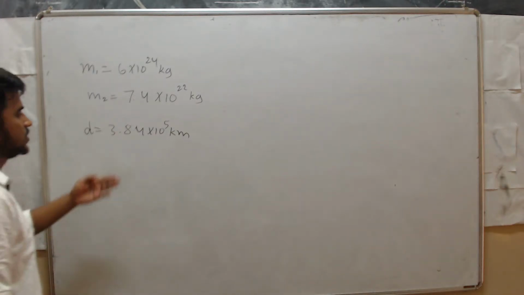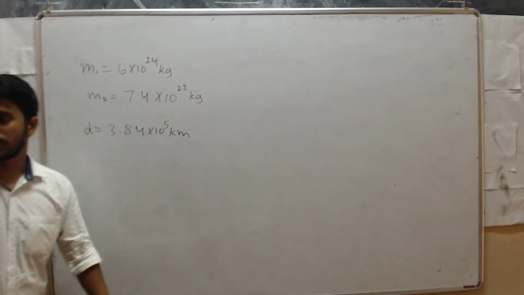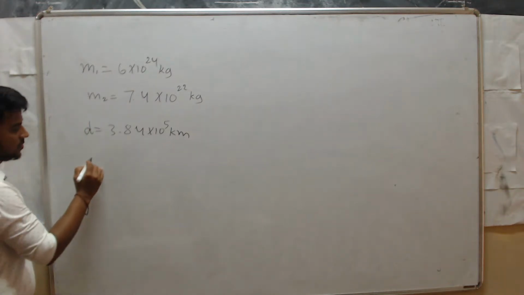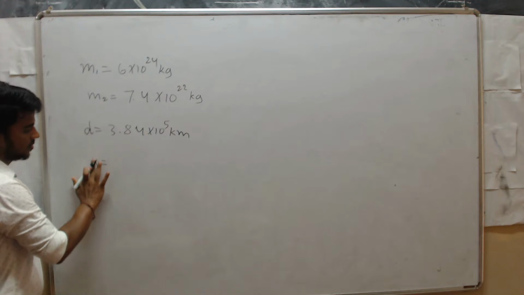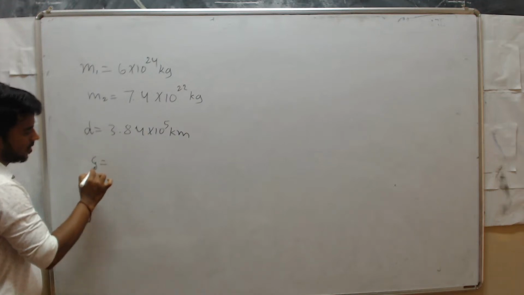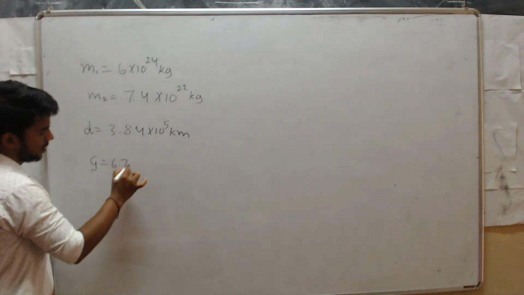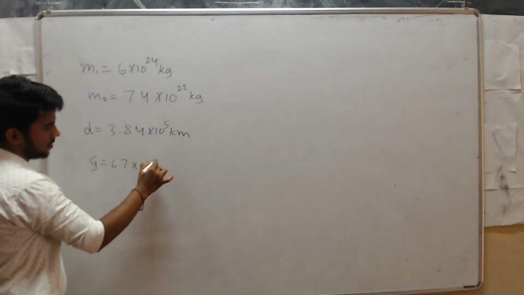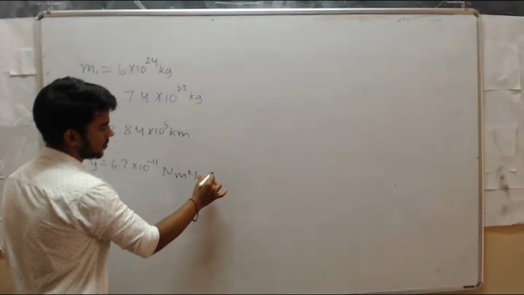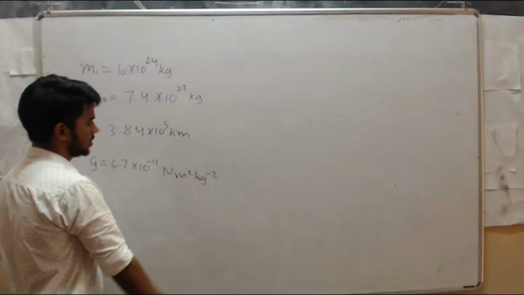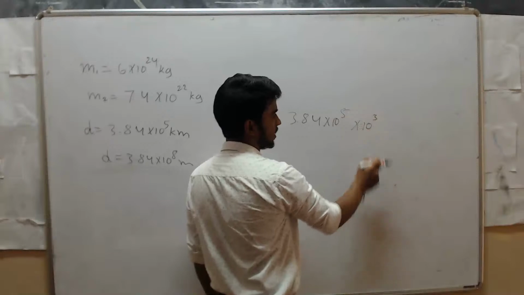Convert kilometer into meter. 10 raised to the power 5 plus 10 raised to the power 3.